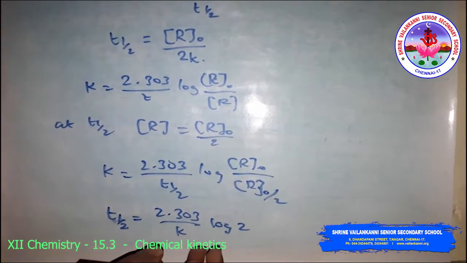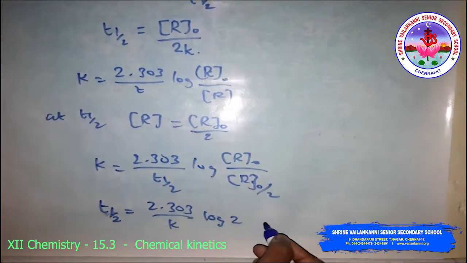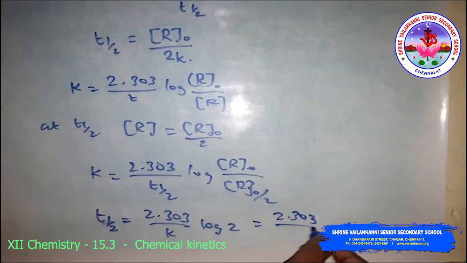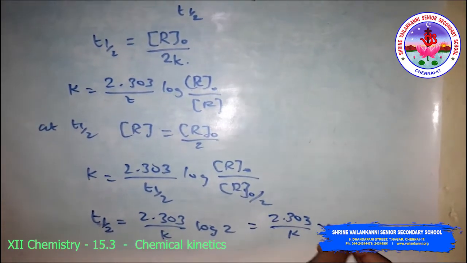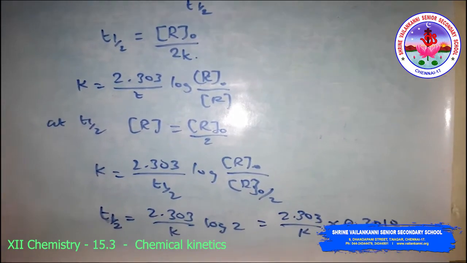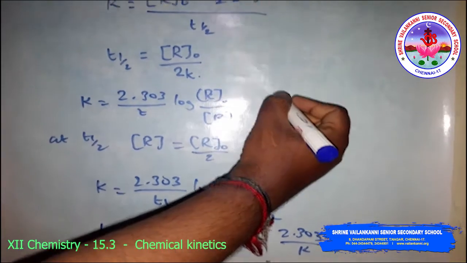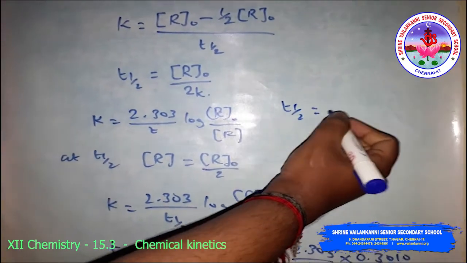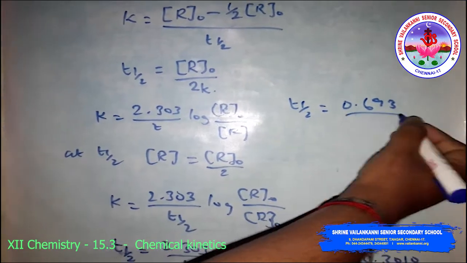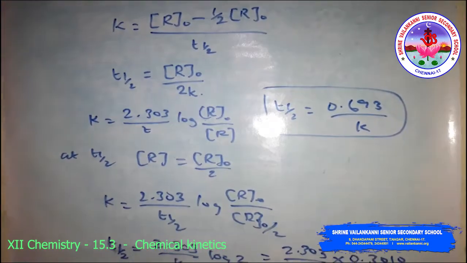The log 2 value is 0.3010. Then t half is equal to 2.303 divided by k into 0.3010. After simplifying, you will get t half is equal to 0.693 divided by k. So this is the half-life formula.